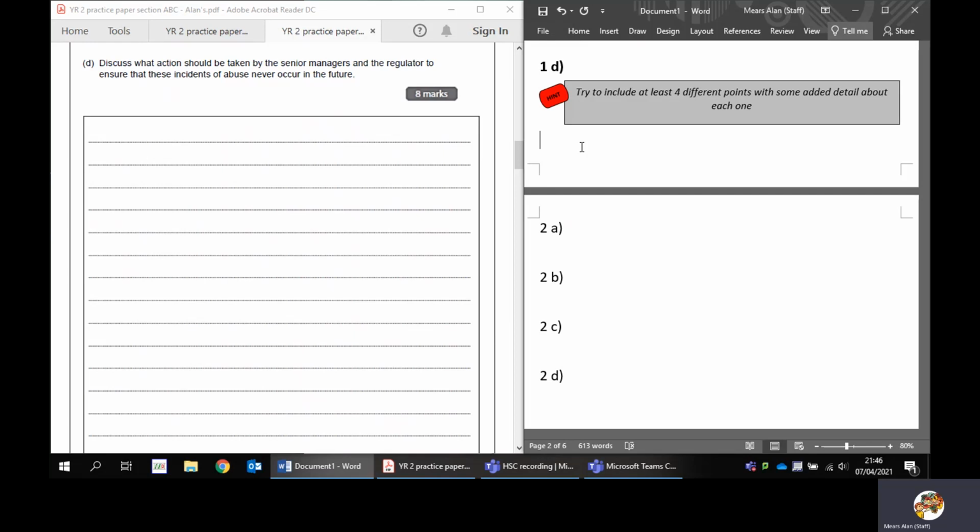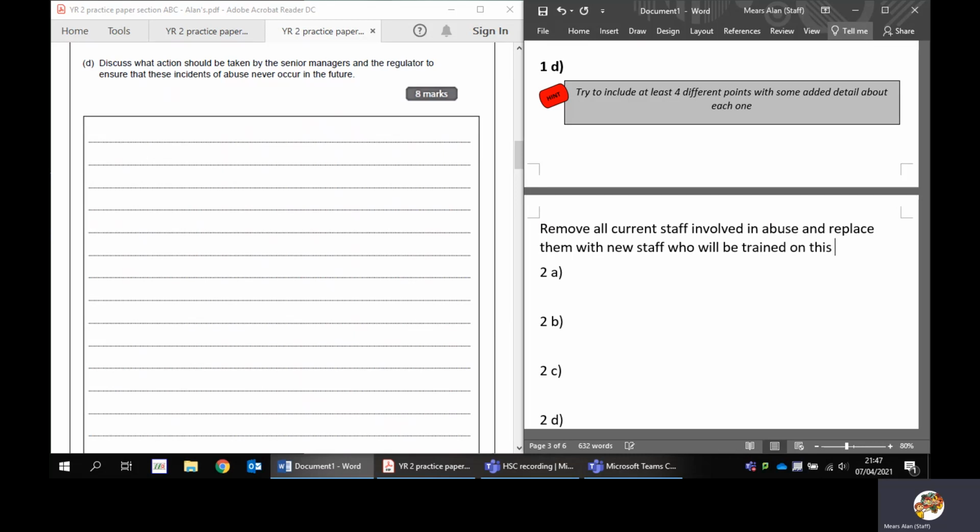So one thing we do is to remove all current staff involved in abuse and replace them with new staff who will be trained on providing care.